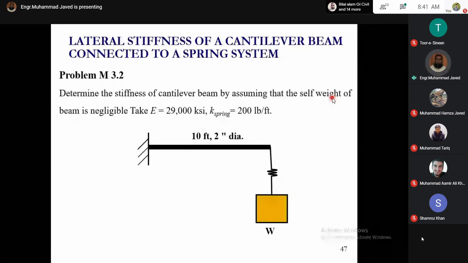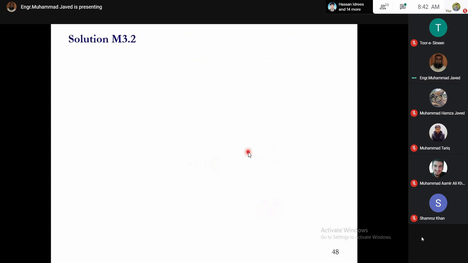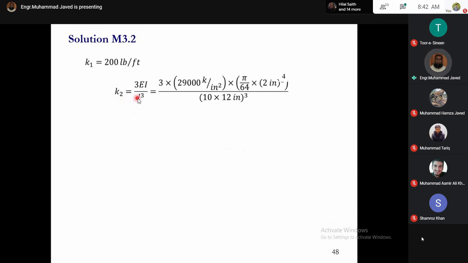अच्छा, अब ये जो स्प्रिंग है इसकी स्टिफनेस तो गिवन है. कैंटिलीवर बीम की स्टिफनेस you will have to remember the equation. If we have a cantilever beam with a point load applied at the free end, stiffness is 3EI over L cube. So first calculate the stiffness of the cantilever beam, 3EI over L cube. E is given, I can be determined as the diameter is given.